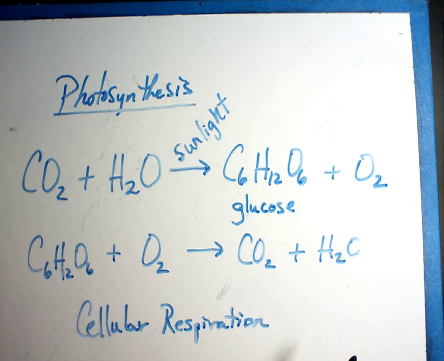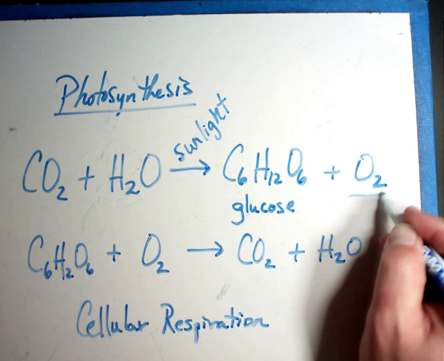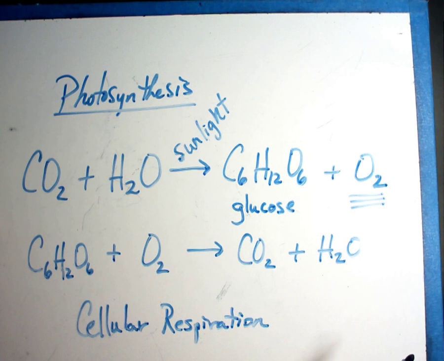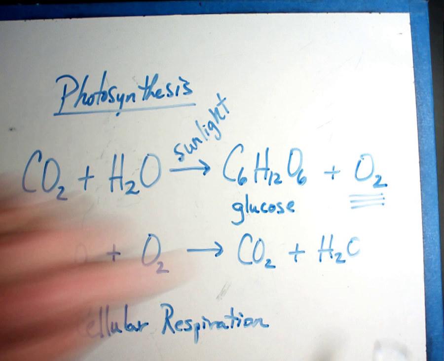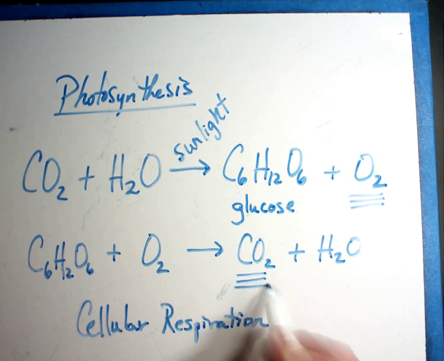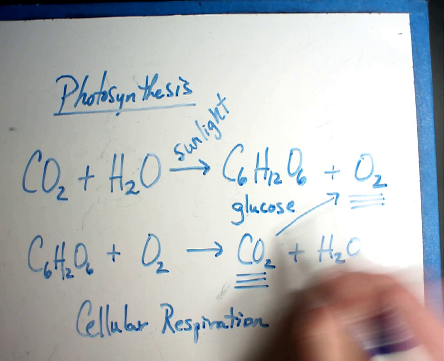So plants are vital to our world because they make oxygen gas. For any animal that breathes oxygen, plants are incredibly important. As humans, we do the opposite. We take that glucose, we breathe in oxygen, and we breathe out carbon dioxide that plants need. So basically, we help each other.